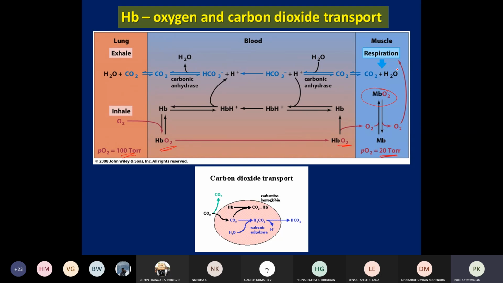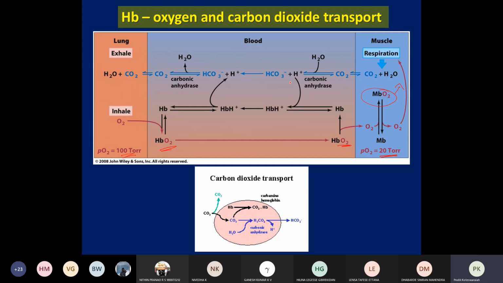When oxygen is required for respiration, the stored oxygen would be released for the aerobic respiration. And once the hemoglobin releases its oxygen, this deoxyhemoglobin again takes up the protons and moves back to the lungs.